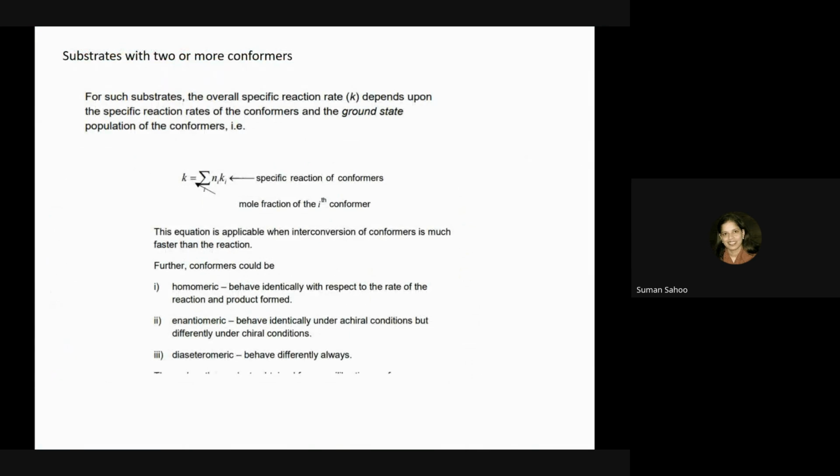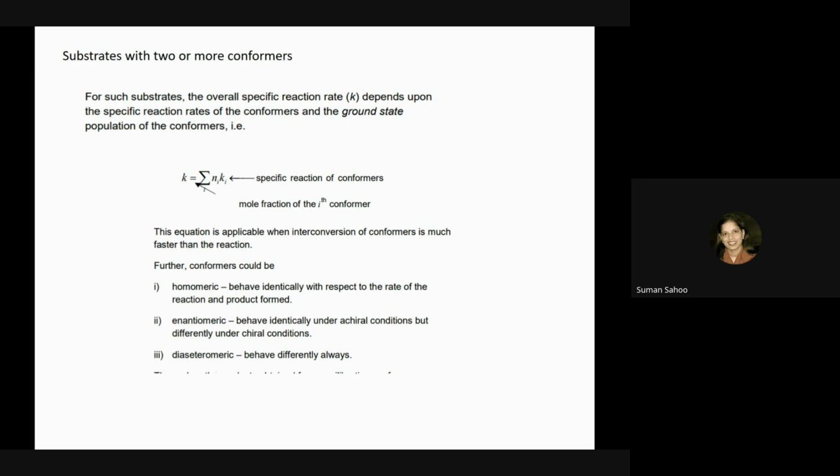So suppose we have two or more conformers. In the ground state, some conformers would be more stable, so their population may be more, and some would have less population. So the overall specific reaction rate depends on the specific reaction rates of your conformers.